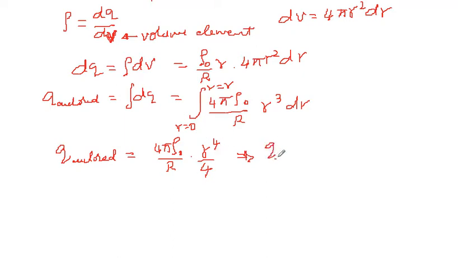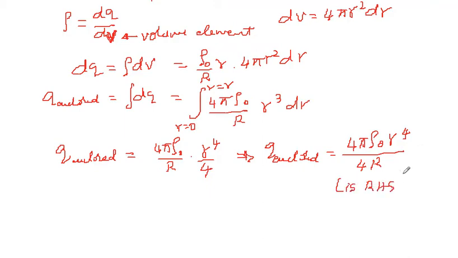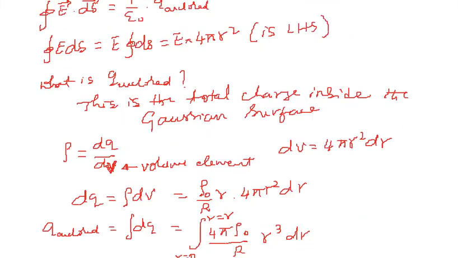So charge enclosed is simply 4 pi rho O r to the power 4 divided by 4r. Let it be as it is. I am not going to cancel these two 4's. So this itself is the RHS of our main equation.